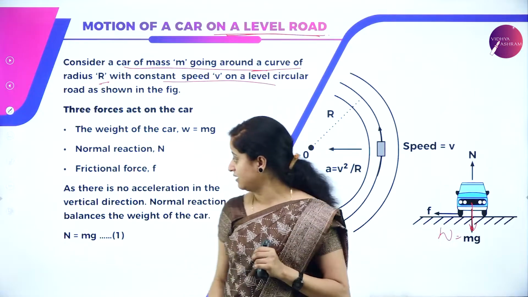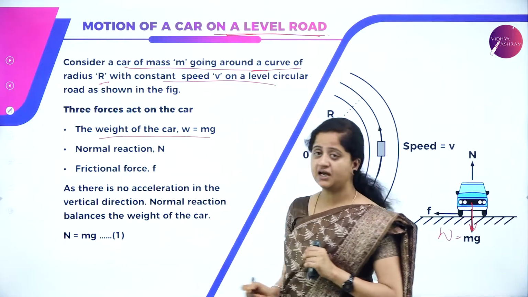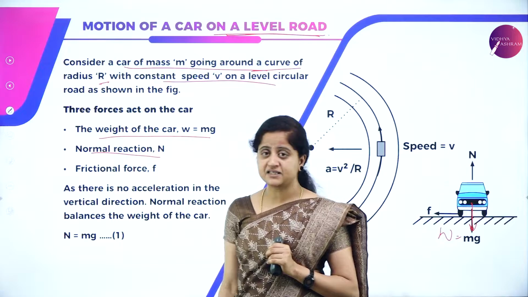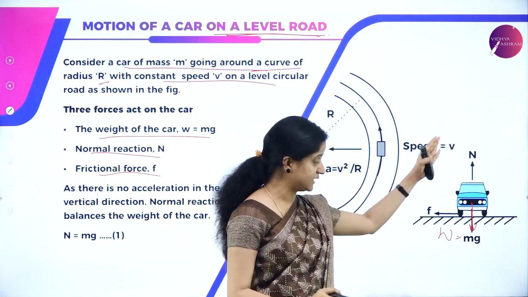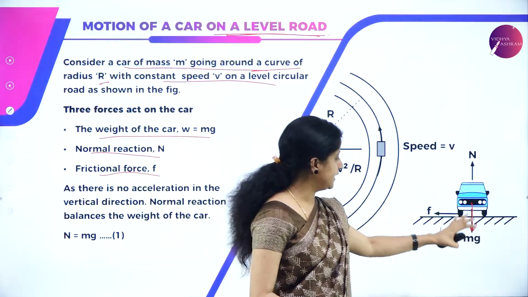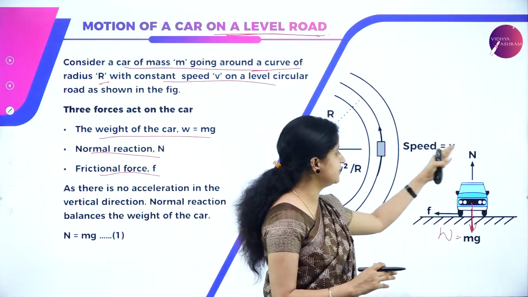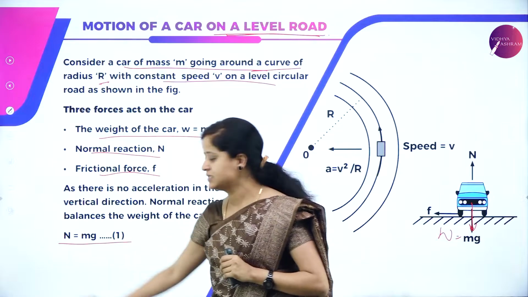So there are three forces in total: the weight of the car, W equals mg, the normal reaction, and the frictional force. As there is no acceleration in the vertical direction, N and mg are balanced with each other. So we can say that N equals mg.